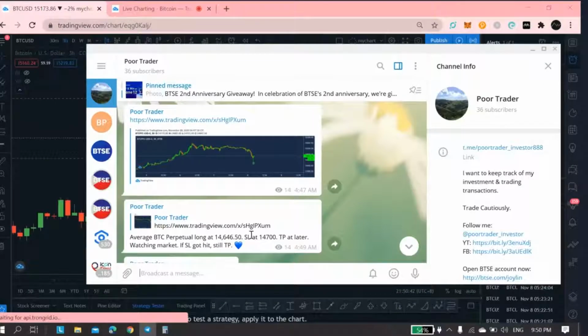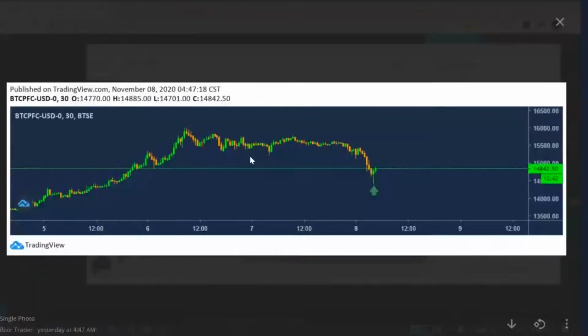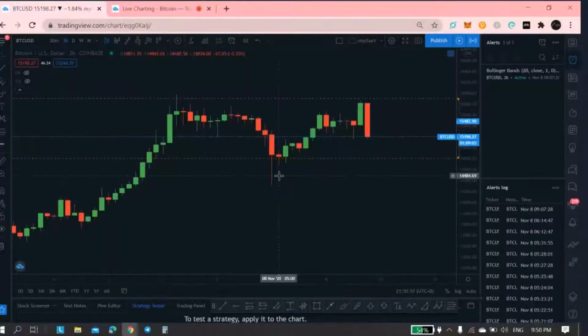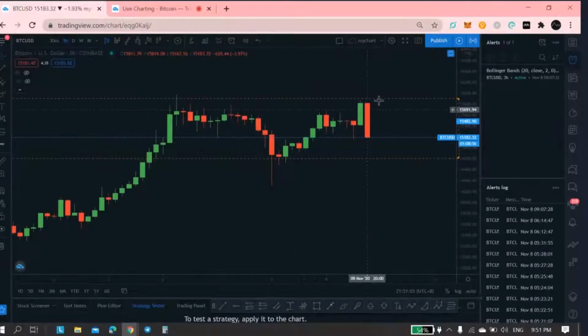Yeah, here, around 4 a.m. GMT plus 8, I entered long at an average of 14,646.5, because of that bullish candle. I used the BTC chart here, the 30 minutes time frame. And now it's currently forming a very long bearish candle.